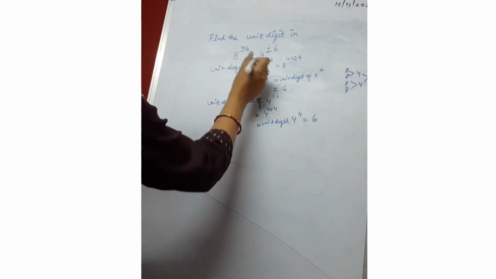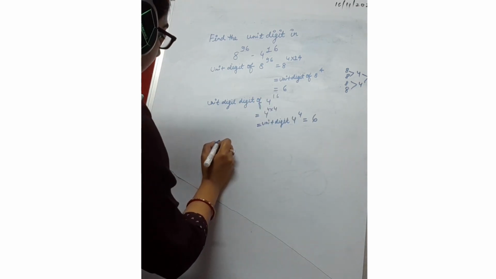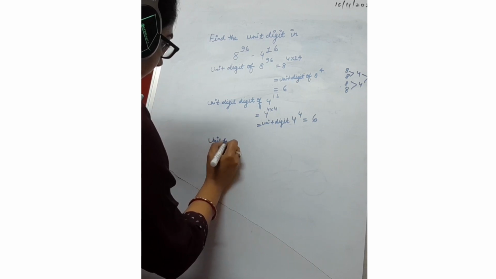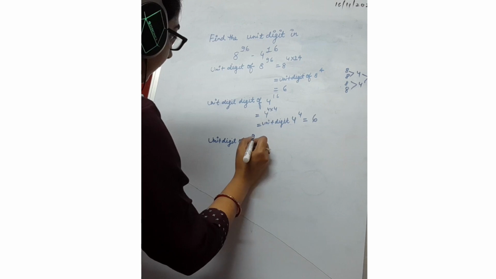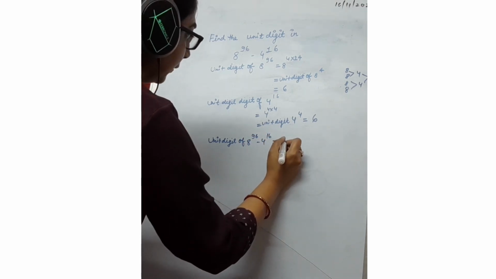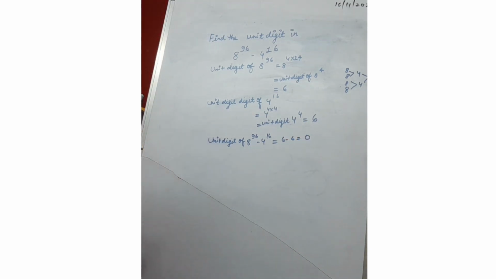Now we have to subtract the unit digits of these two numbers. The unit digit of 8 to the power 96 minus 4 to the power 16 equals 6 minus 6 equals 0. So this is the answer.